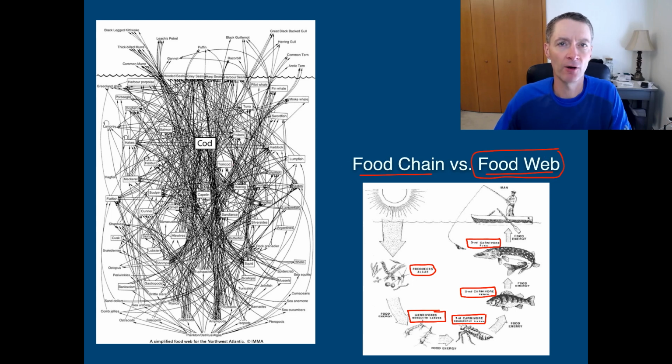Where it can get very, very complex, lots of different organisms, some of which can eat 10, 20 different kinds of other organisms, and it gets really, really complex. All right, so food chain, one set of trophic interactions would be a good definition. A food web, all sets of trophic interactions that might occur. All right.